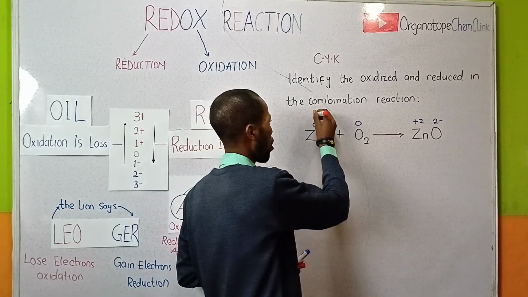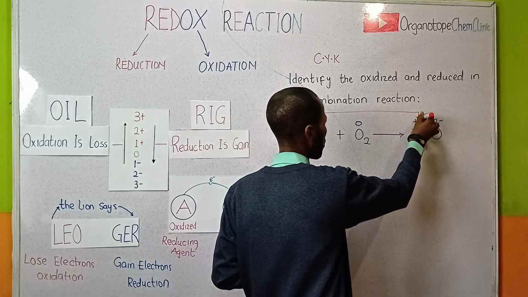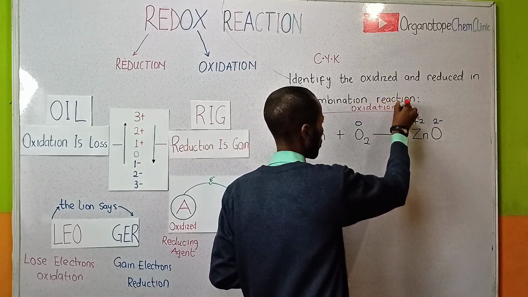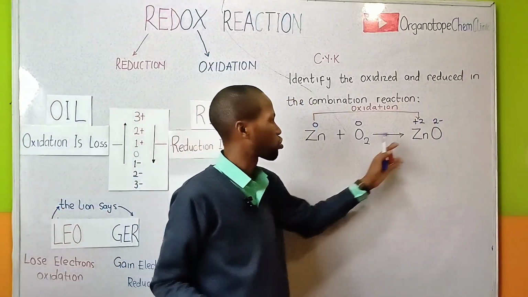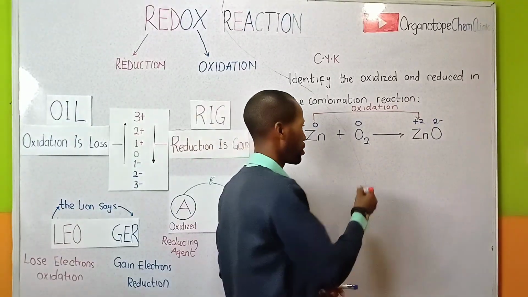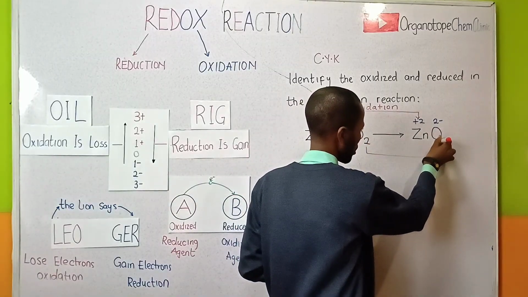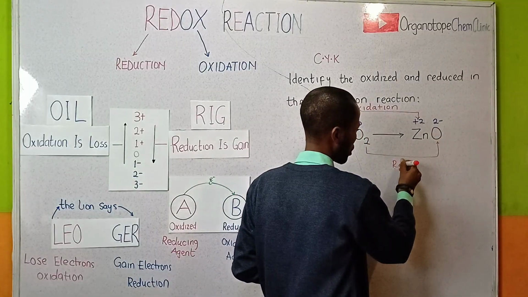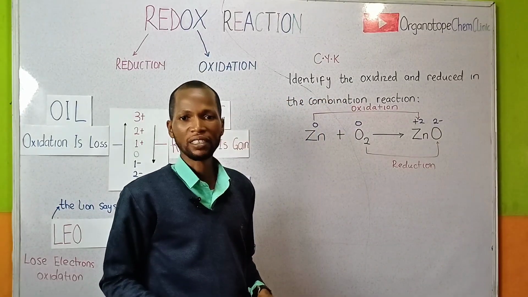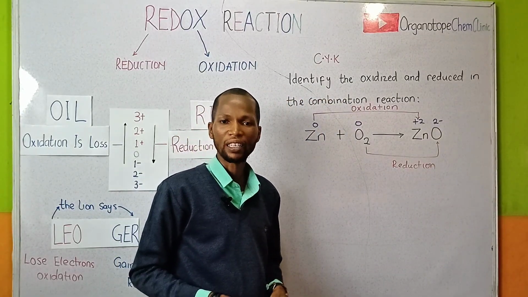That's right, oxidation. Increase in oxidation number. Oxidation. While 0 to minus 2 implies what? That is right, reduction. We have reduction. Okay, that's a decrease in oxidation number is what?